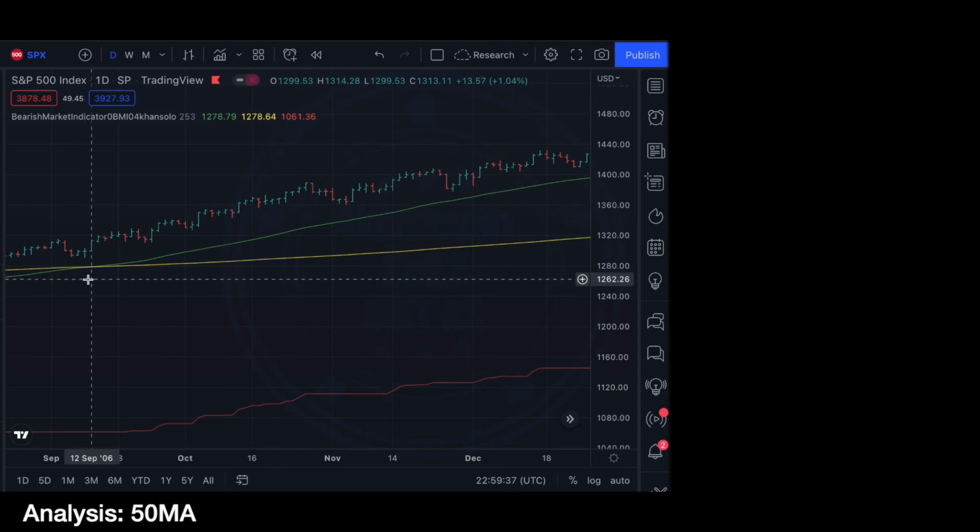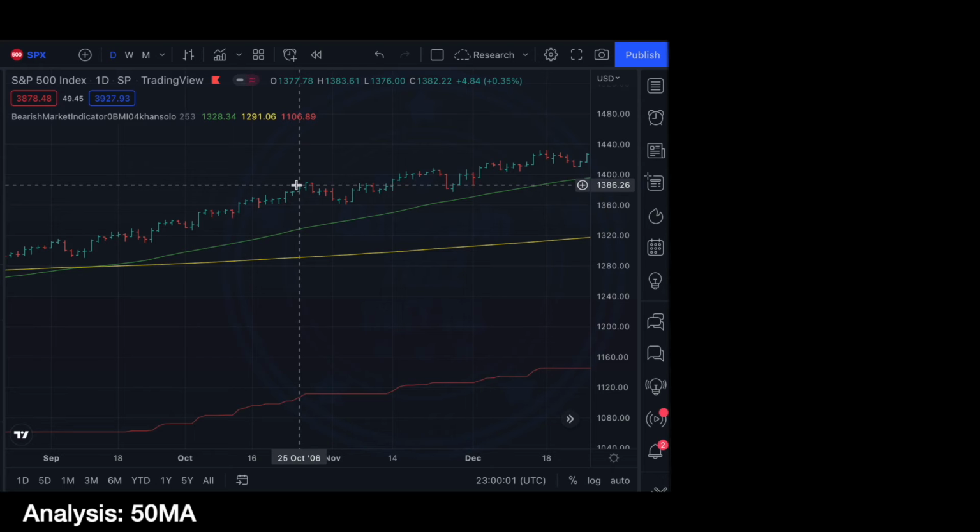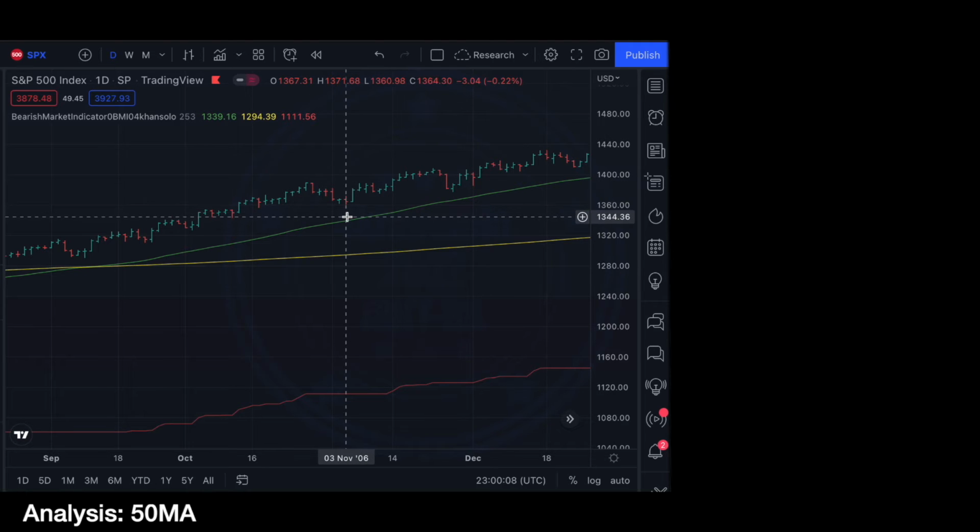First thing is that I would look at the 50 days moving average. The closing is deviating away from the 50 days moving average in a positive direction, so I would be happy to see that. If I am in the position as it approaches the 50 days moving average, there would be some volatility.